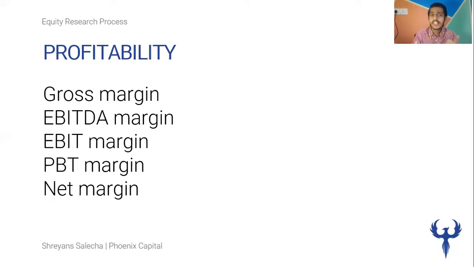So take a look at these ratios. Based on the changes in ratios, take a look at the absolute expenses, and then try to understand which are the costs that are not being properly managed, or that are being very well managed, which gives a competitive advantage to the company.